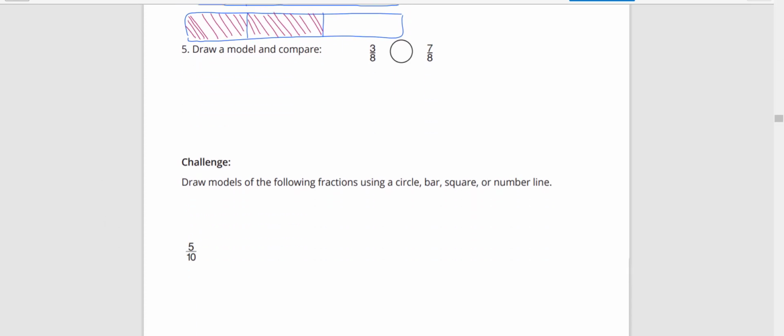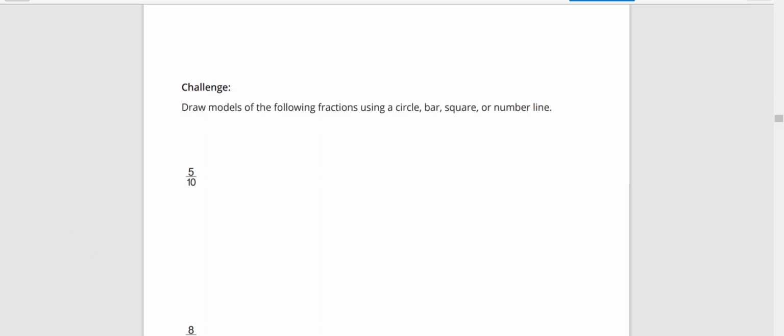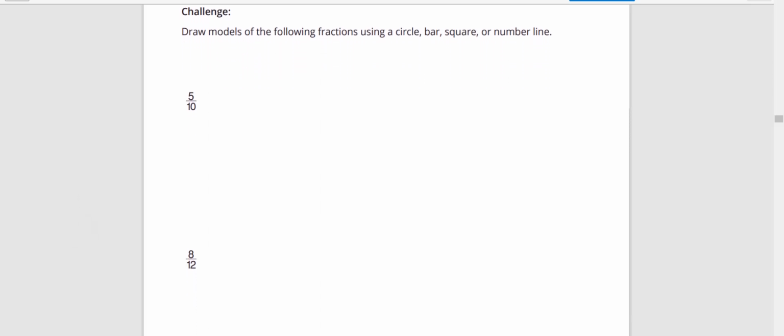Number 5, solve on your own. Challenge: draw models of the following fractions using a circle, bar, square, or number line. First fraction, 5/10 or 5 tenths.